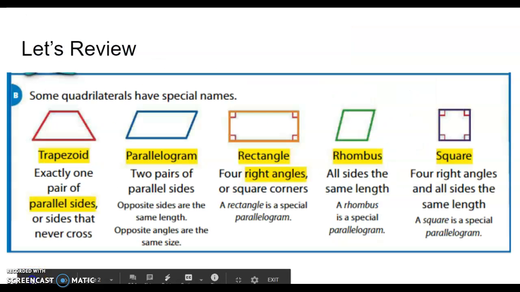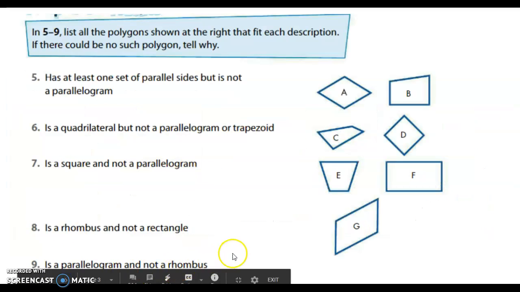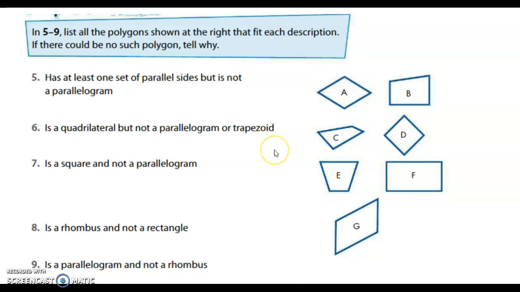So I know that trapezoids have one set of parallel sides, so I'm looking for trapezoids. I'm not looking for a rhombus, a square, or a rectangle. If I look at A, I believe that A is a rhombus, and a rhombus is a parallelogram, so it's not what we want.